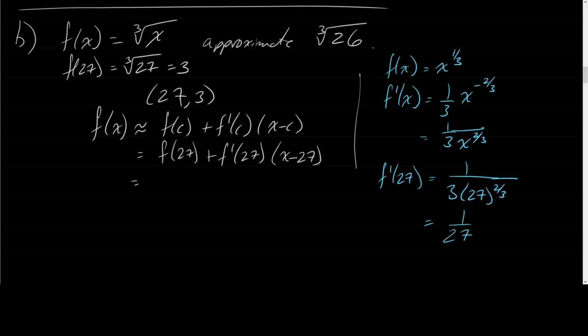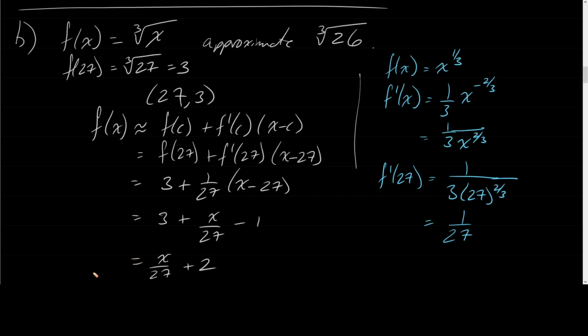So now, what do I get? f of 27 was 3 plus f prime of 27, which was 1/27, times x minus 27. Distribute: 3 plus x over 27 minus 1. Combine like terms: x over 27 plus 2.